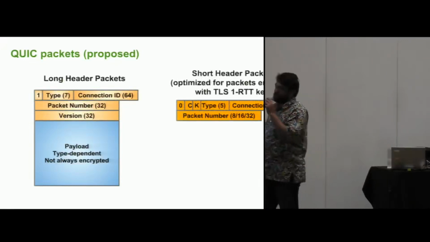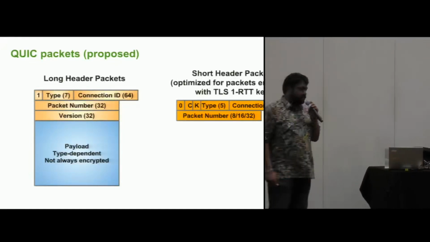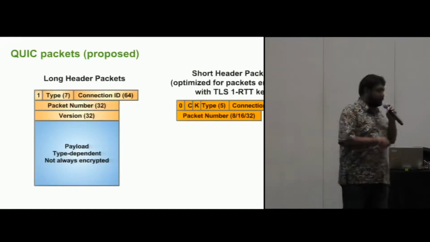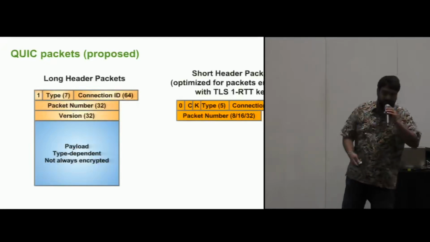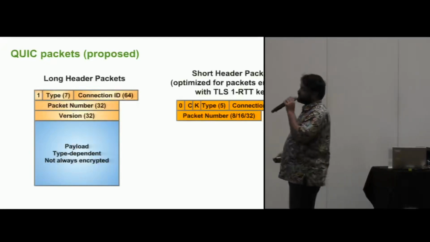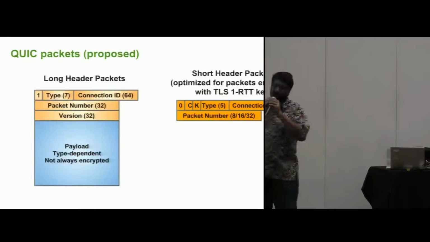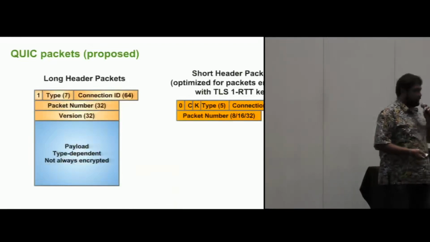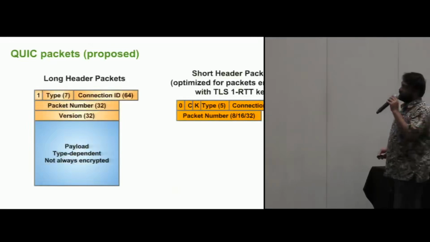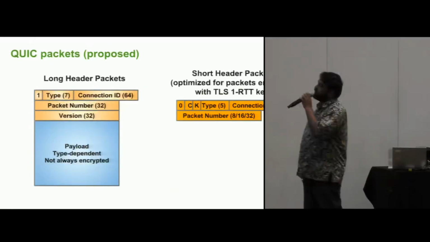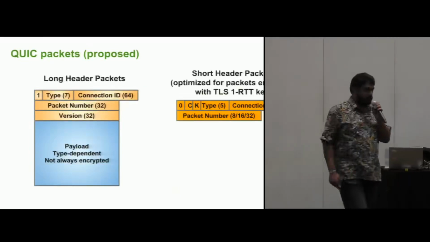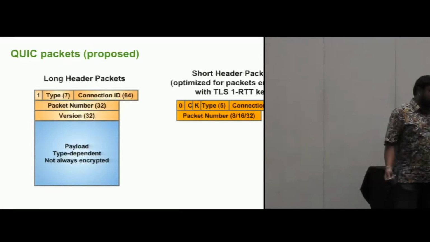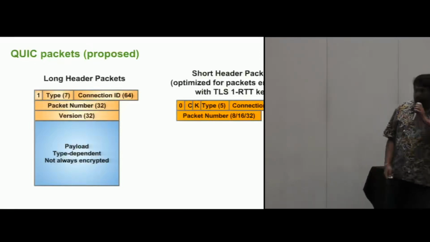For the common case, where you have a lot of data going back and forth, once you've established the key, once you've finished the handshake and everything else, there are the short header packets. I'm not going to go over the details, but basically, it's a shorter, tighter version of the packet header. In the best case, you can have this be exactly 2 bytes, which is quite nice. A packet header of 2 bytes, that's awesome.